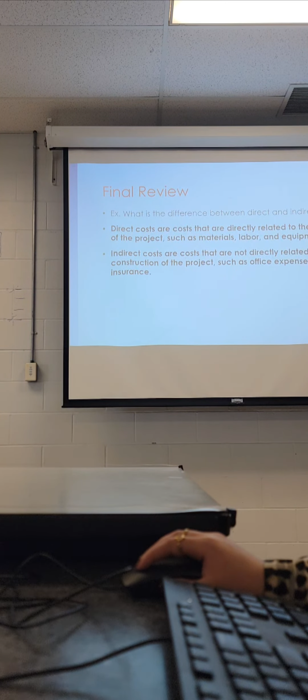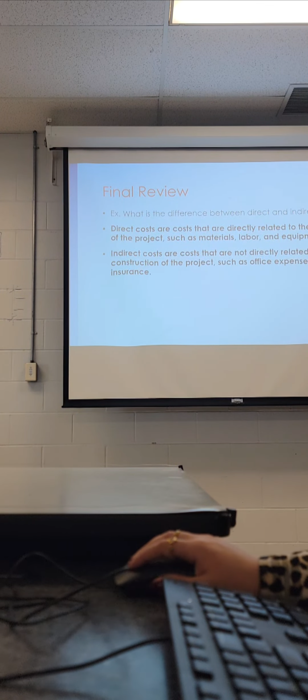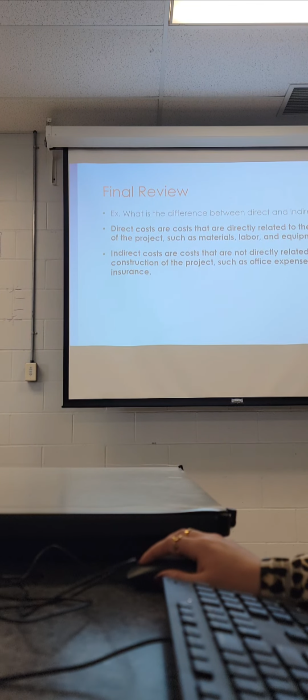The direct ones are the materials, the labor, the equipment, the ones exactly related to the construction. And indirect are the insurance, the cost of getting the bid bond together, the paperwork, and other office expenses, for example. But they're not directly related to the construction.